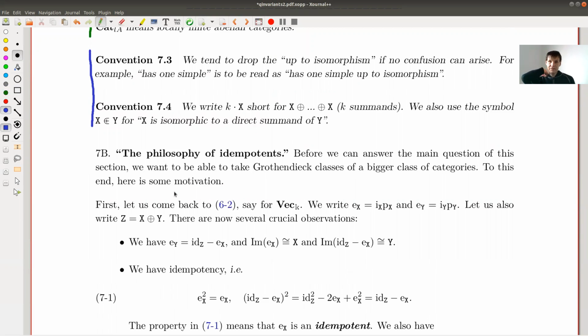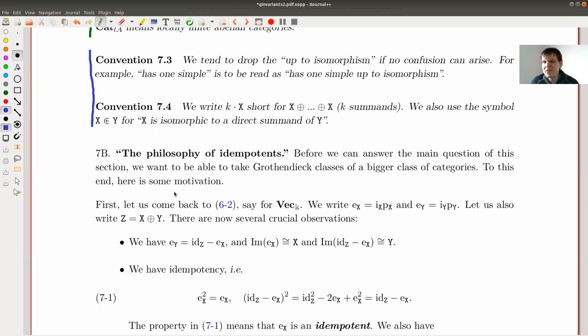One of the crucial things I want to explain is that first of all, we need a bigger class of certain categories. We had these nice envelopes, right? We had a k-linear envelope, a k-linear extension, whatever you want to call it, additive envelope or additive extension.